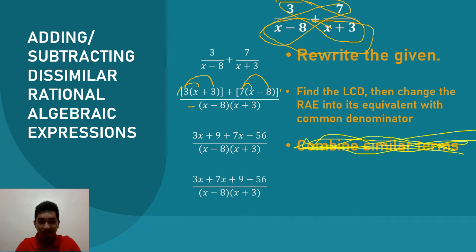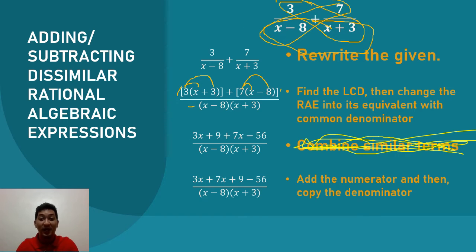Okay, what's the next step? Dito ka na ngayon magka-combine like terms, or you just have to add the numerators and then copy the denominator. Okay, so you have 3x plus 7x plus 9 minus 56. And then let's try to add.